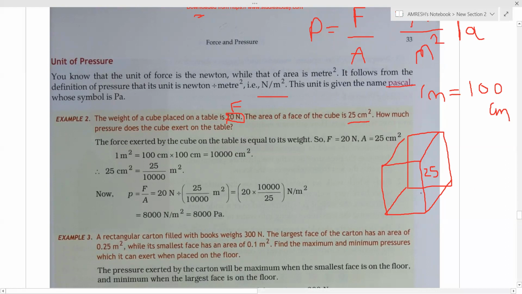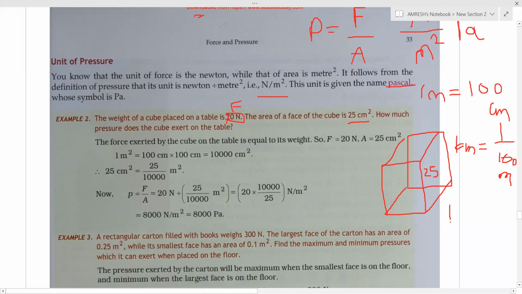So 1 centimeter is how much meter? 1 by 100 meter. But here square is there, which means you have to multiply it twice.